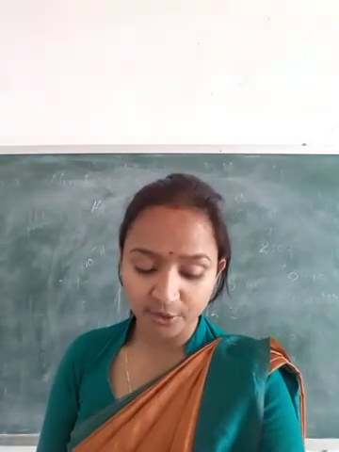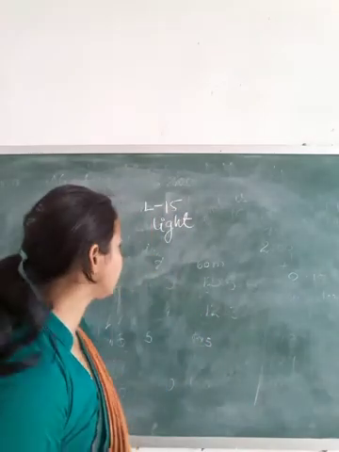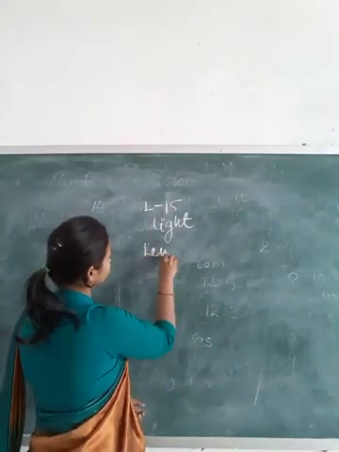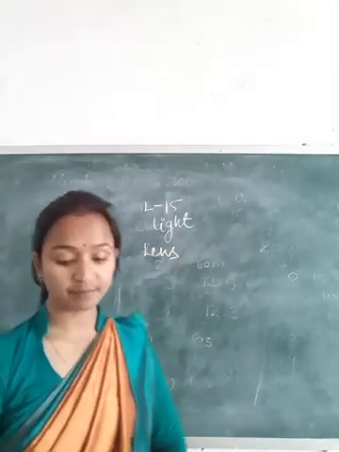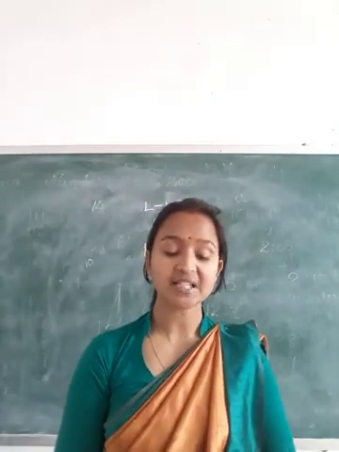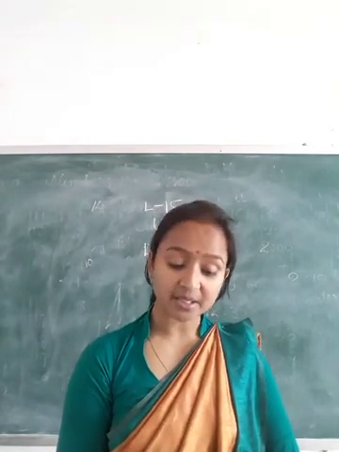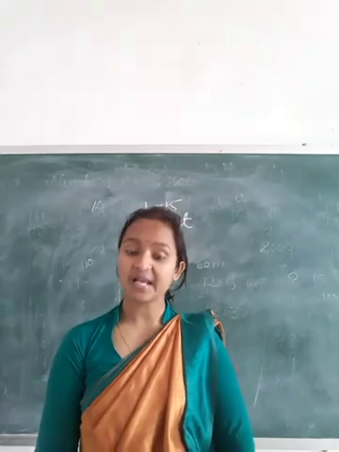Now come to image formation in lenses. So the question arises here, what is a lens? A piece of transparent material, glass or transparent plastic, which has one or more spherical surfaces is called a lens.